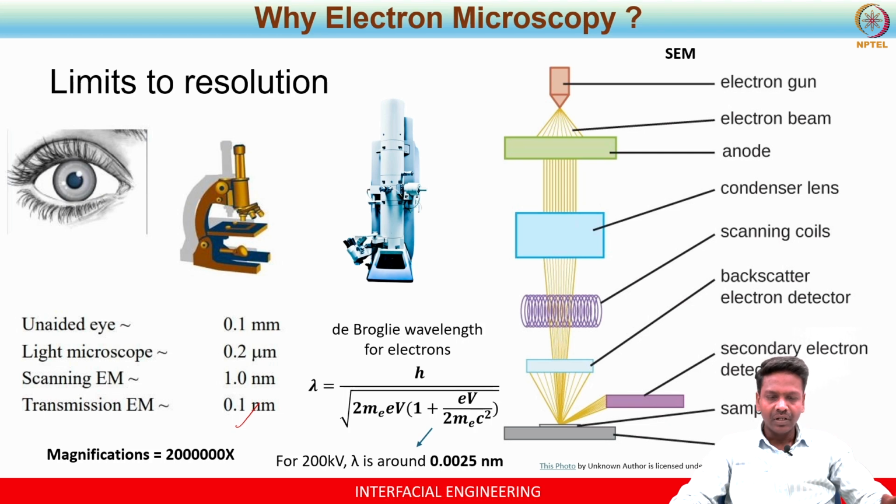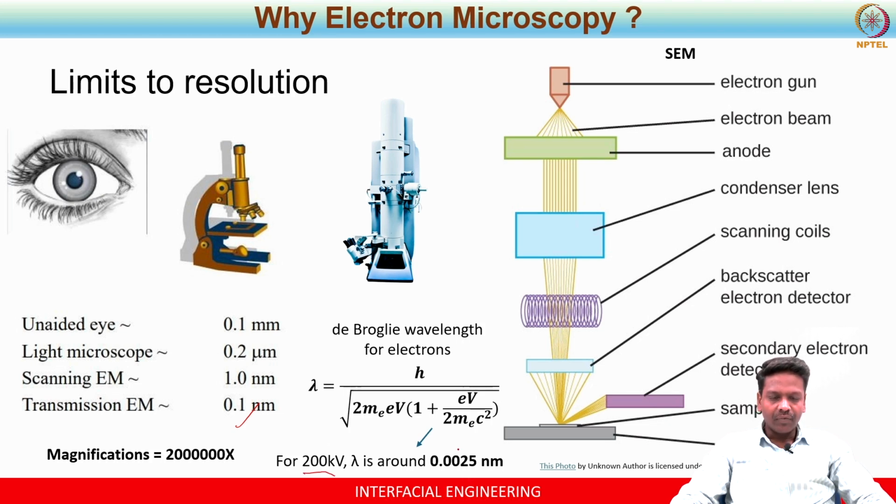That is the difference. Why this difference occurs is because when electron beams are passed onto the sample, electrons can access anywhere between the atoms. The characteristic size of the electron, or the de Broglie wavelength for electron, you can calculate based on the high voltage, that is 200 kilovolt.